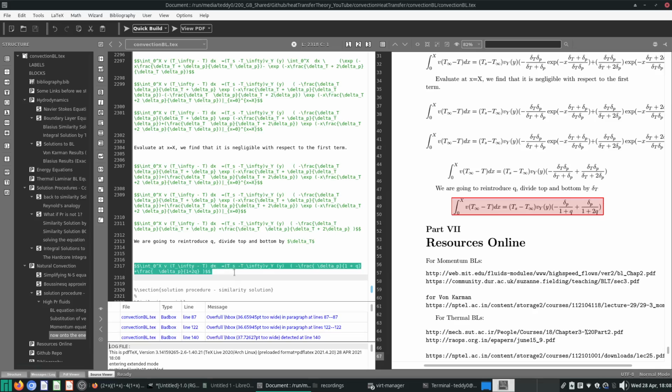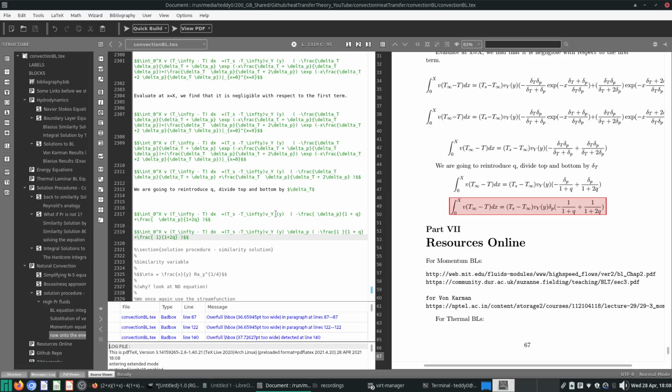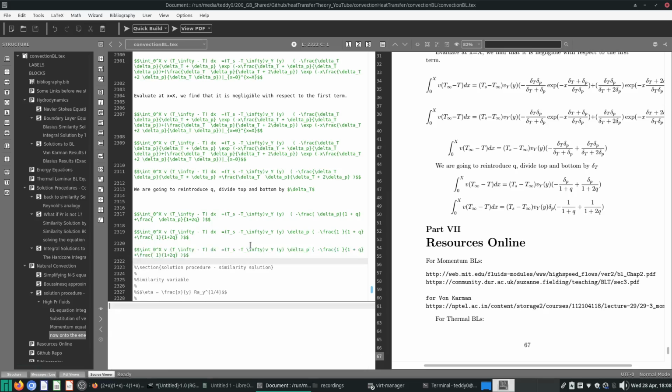Okay, so now we can just factorize this delta p out of here. And of course, let's just do some subtraction. Okay, simple subtraction. 1 plus 2q on top here.